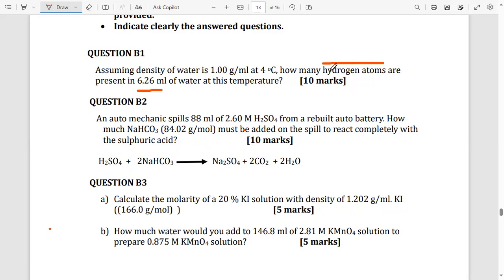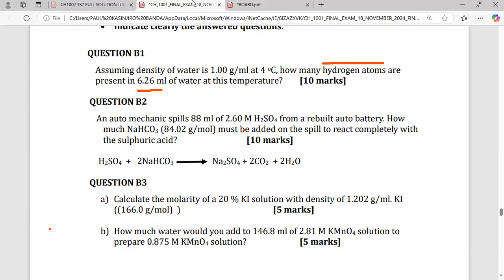We are going first of all to use what we have, okay, to get the molecules of water, to get how many molecules of water. And then from that molecules of water value, we can be able to get the what? The hydrogen atoms. Okay, so let's get what we have here and then we see what we can use it for.